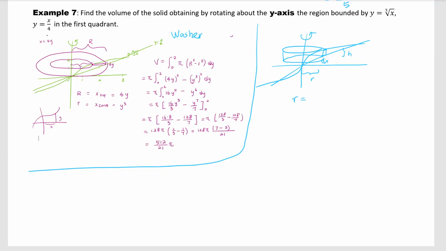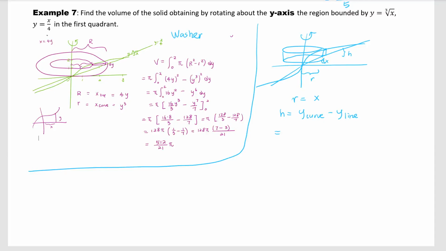So R is the horizontal distance. That is the X. H is the difference between the vertical distances of them. So that's the Y of the curve minus the Y on the line. Because we have dx, we want to express everything in terms of x.